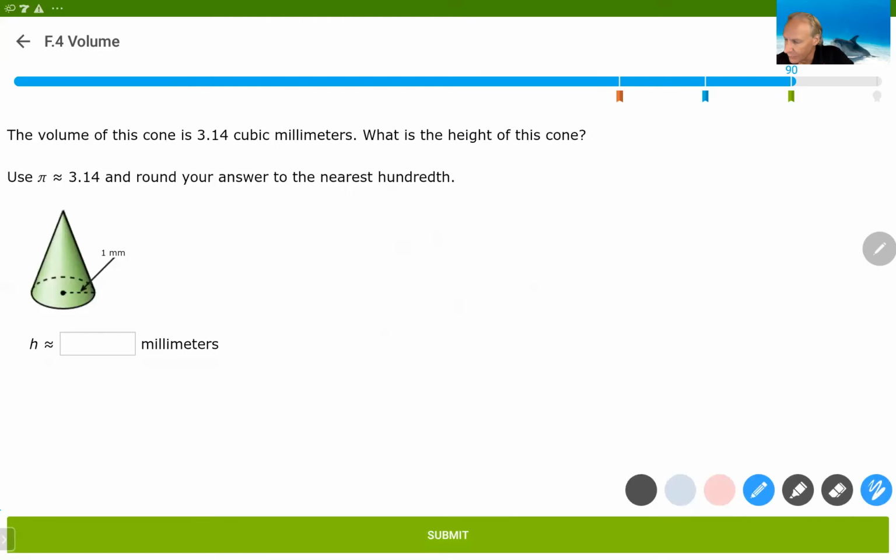Okay, hopefully only a couple more. What is the height of the cone? So it looks like we're taking 3.14 is equal to, since the volume is 1/3 pi r squared. And this is 1/3. Pi is about 3.14.